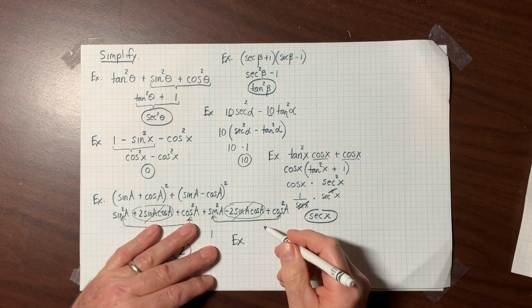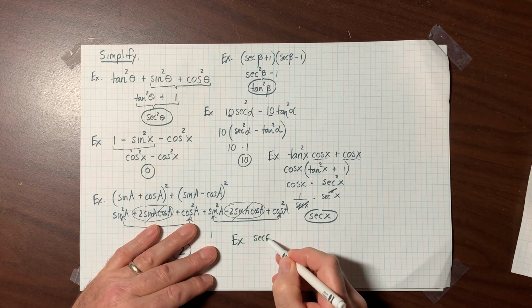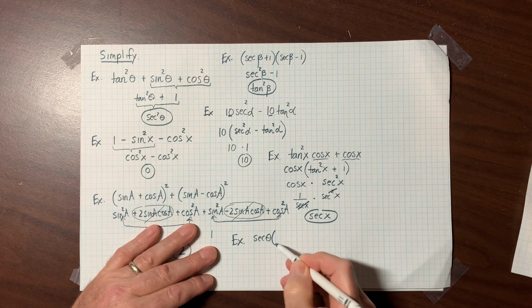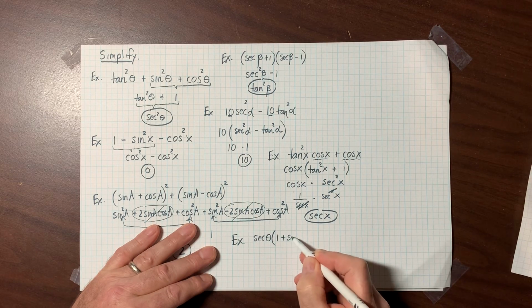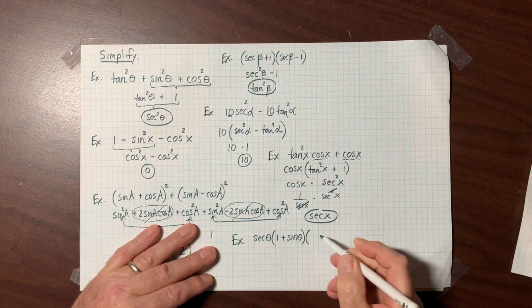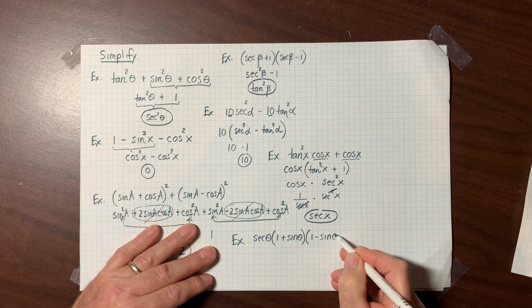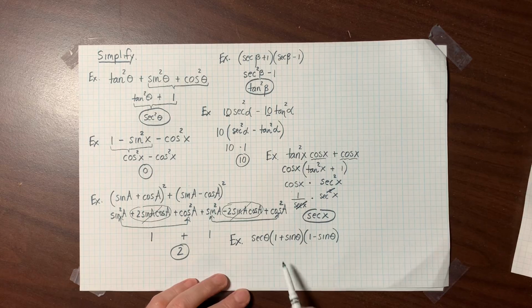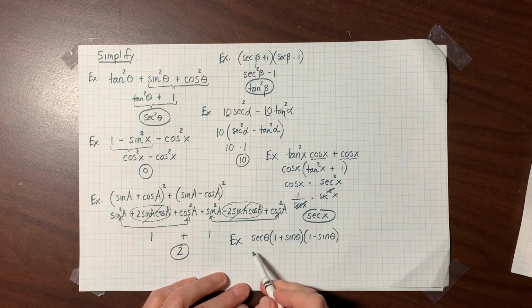Let's see. Secant of theta times the quantity 1 plus the sine of theta times the quantity 1 minus the sine of theta. Okay, here we go. These two guys are conjugates. I'm going to go ahead and multiply them and get the difference of squares.